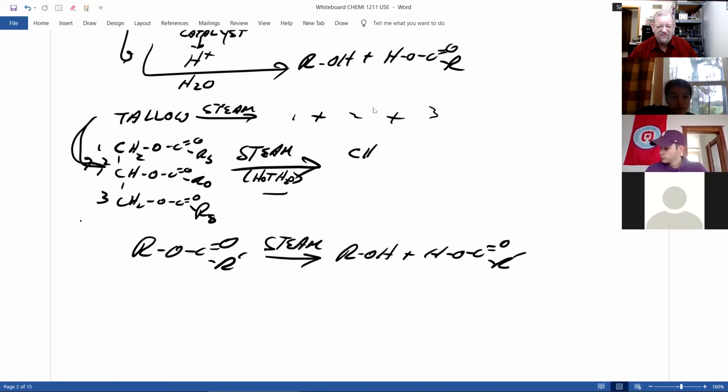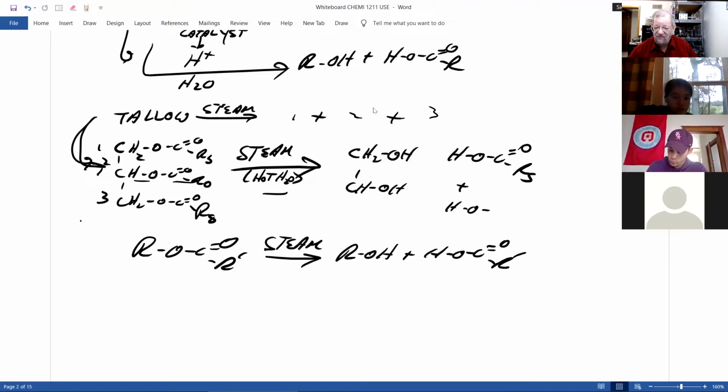Ester 1 gives this alcohol plus stearic acid. Ester 2 gives this alcohol plus oleic acid, which for this reaction you can abbreviate.